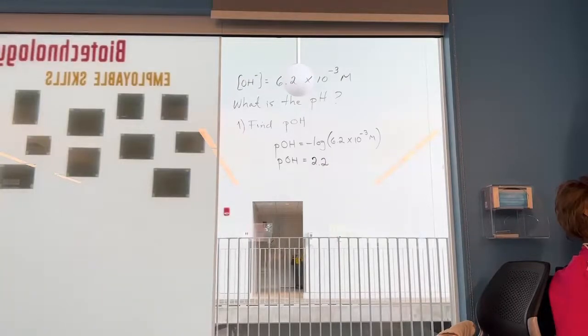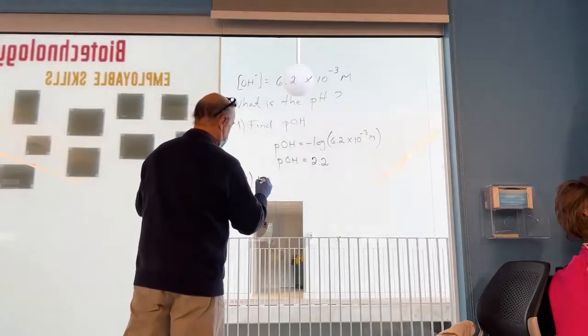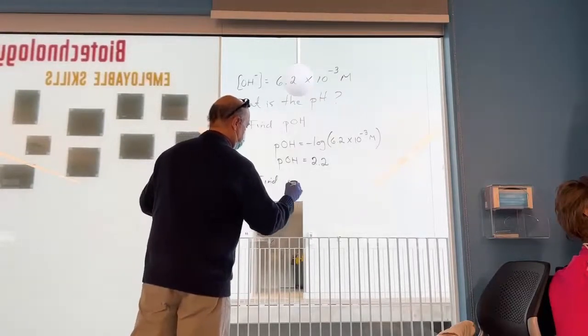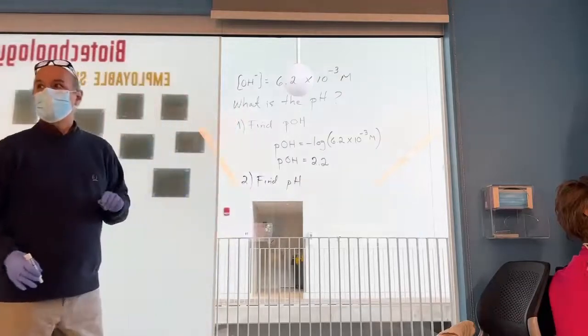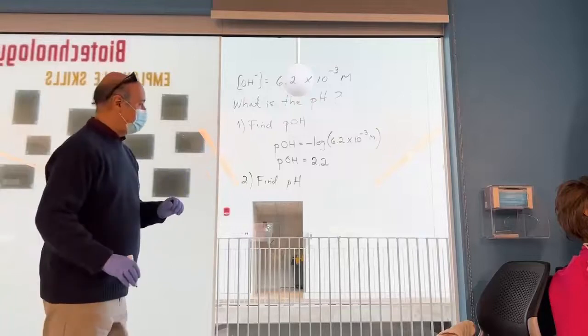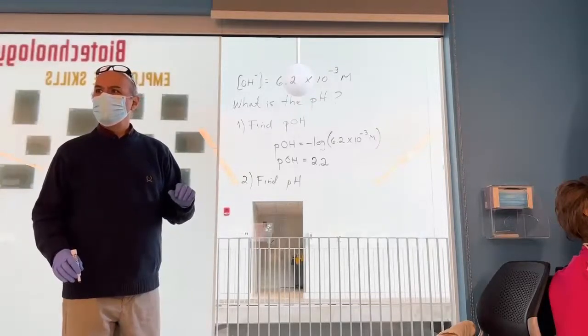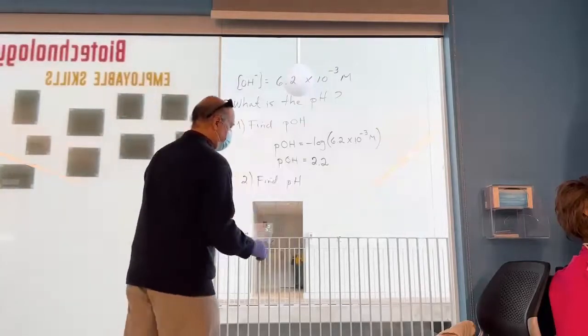But we don't have the pH yet, so how do we find the pH? 14 minus 2.2. Exactly. So you find pH. I got 2.207. Perfect. So we're gonna typically go to 2 sig figs here. So let's round it to 2.2.